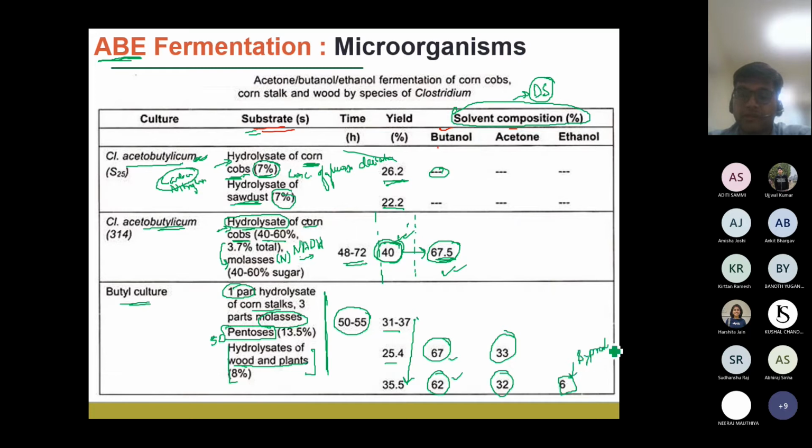As I discussed in our last class, if your interest is to produce ethanol, then you have to go with the Saccharomyces cerevisiae yeast, because both the yield and the productivity are very high. Most industrial fermentations for ethanol production use Saccharomyces cerevisiae as their microbial source.